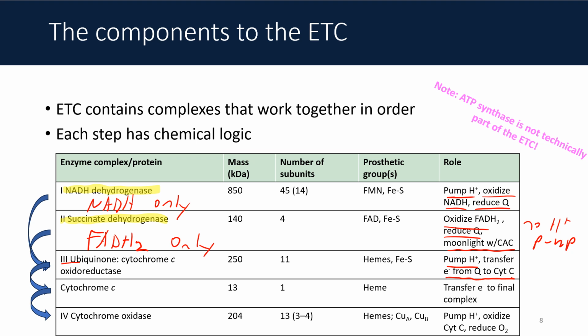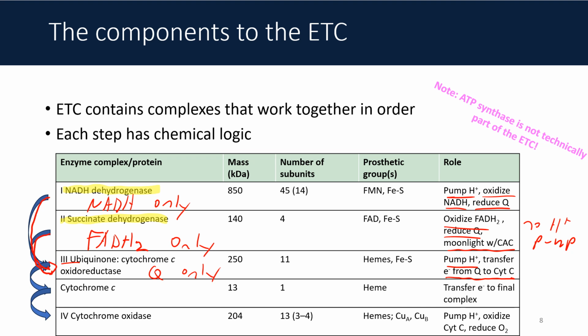I want you to pay attention though, because the substrate to this enzyme complex is reduced Q only. This means that electrons flow from complex 1 and complex 2 into complex 3.